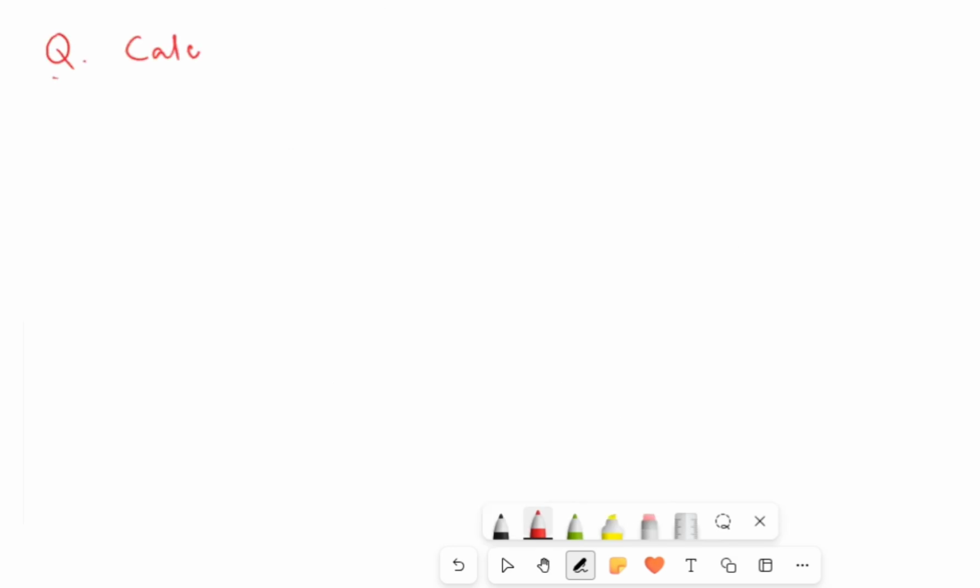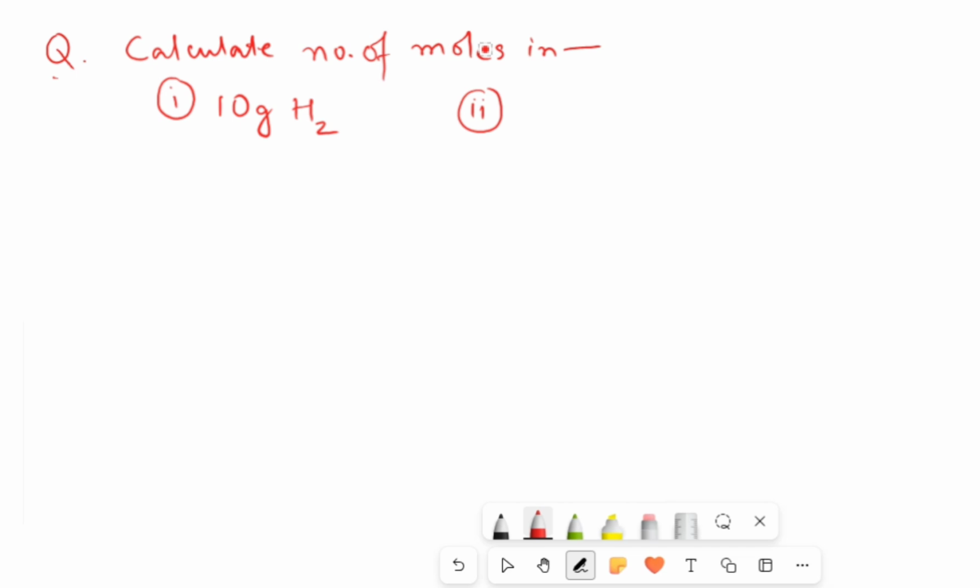Let us solve the first question from mole concept. Write the question. Calculate number of moles in 10 gram H2, in 70 gram N2, and 88 gram CO2.